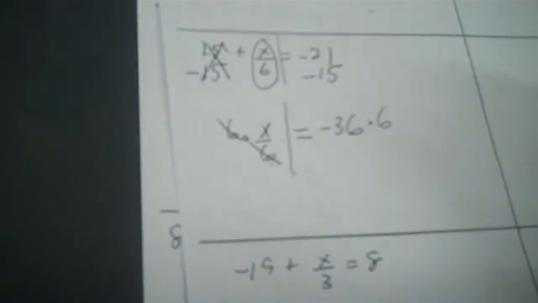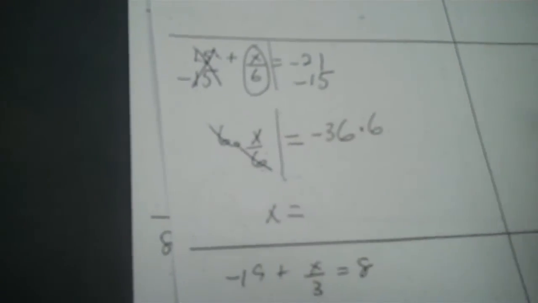I can cancel those, and then I take negative 36 times 6, negative 216. A lot of times when x is being divided, you end up with higher answers for the x, because x had to be divided by 6, and then a number added to get to negative 21.